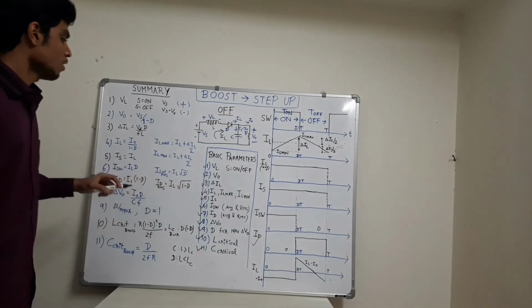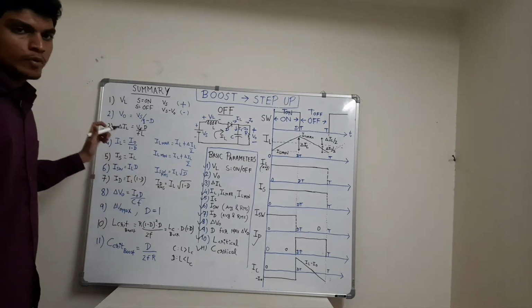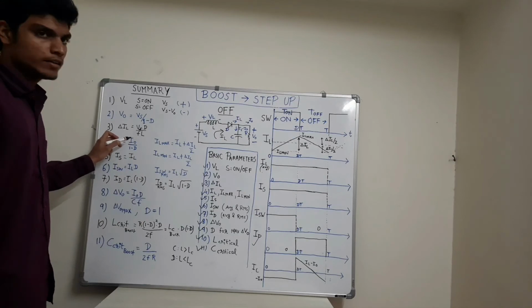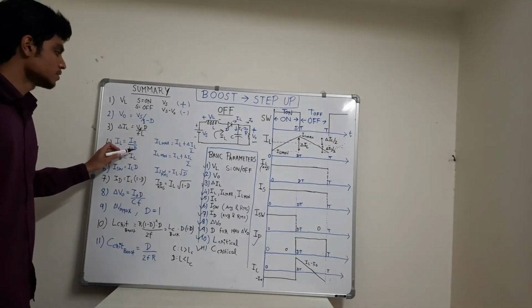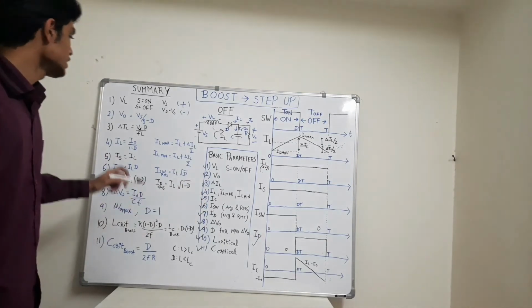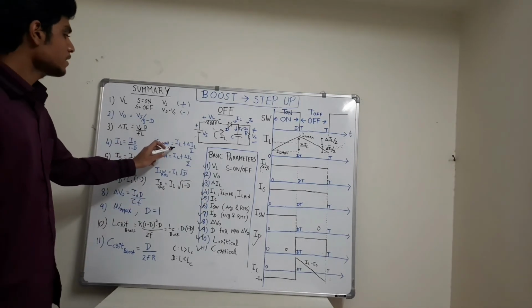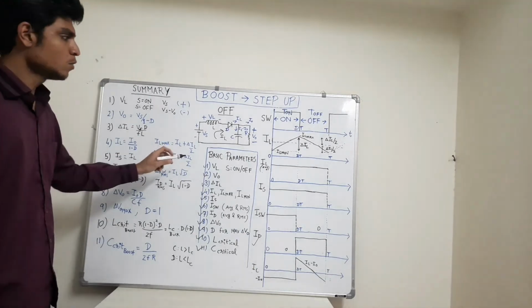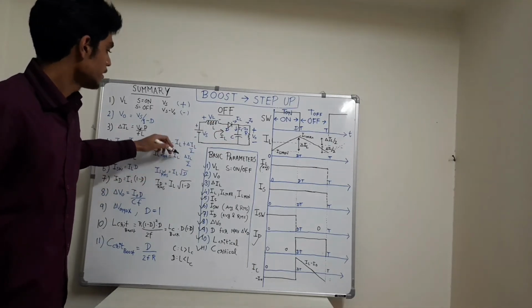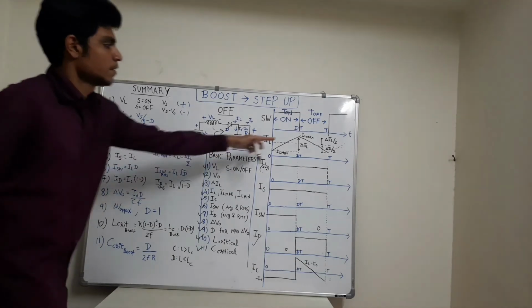The fourth thing was the IL. We derived IL in terms of I0, which equals I0 upon 1 minus D, and used it for calculation of the remaining parameters. So IL max equals IL plus del IL by 2, and IL min equals IL minus del IL by 2.